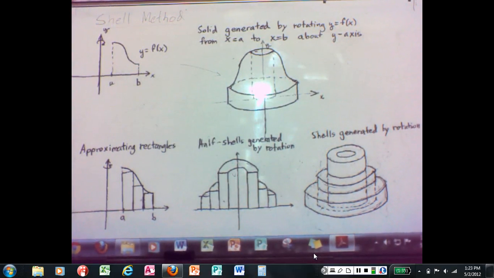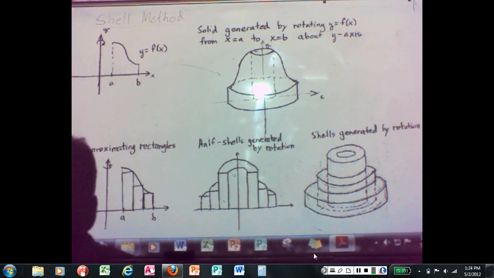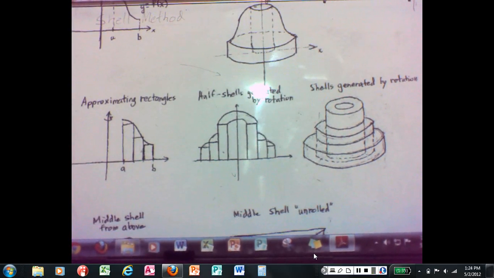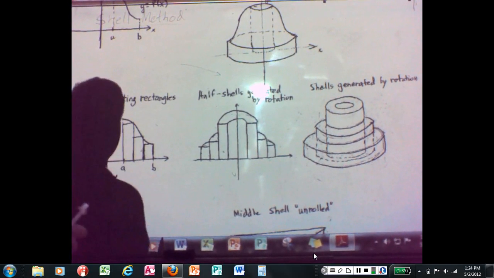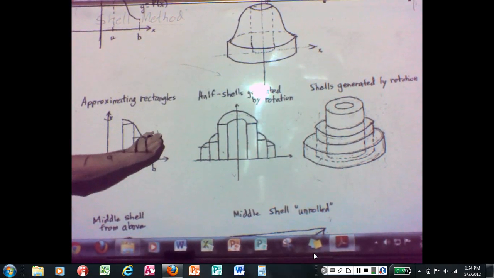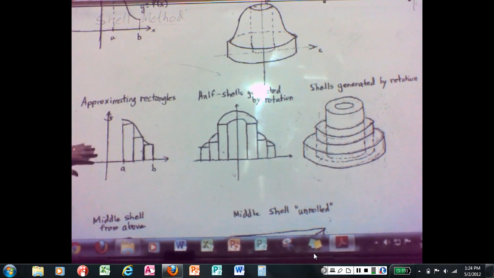All right. Well, shell method, the reason it's different is because now, if I take my approximating rectangles, I am going to take them vertical. So I'm integrating with respect to x, right? Delta x and dx. And then I rotate those about the y-axis.